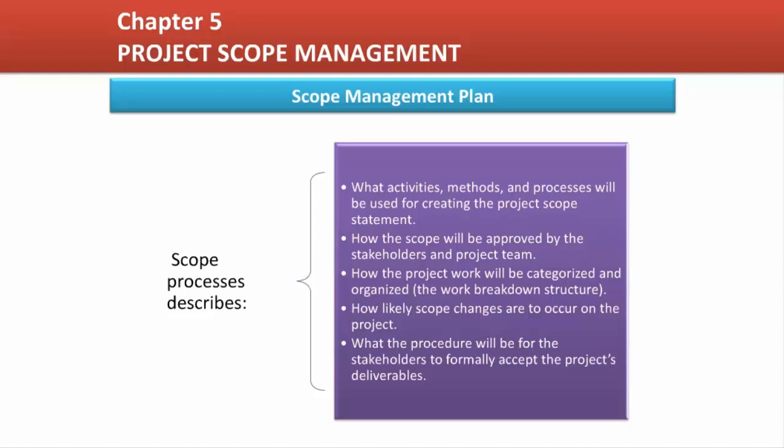The Scope Management Plan is a subsidiary component of the Project Management Plan, created in the Develop Project Management Plan Process 4.2, and it should be established before too much work begins in the scope processes because it describes what activities, methods, and processes will be used for creating the project scope statement, how the scope will be approved by the stakeholders and project team, how the project work will be categorized and organized, the work breakdown structure, how likely scope changes are to occur on the project, what the procedure will be for the stakeholders to formally accept the project deliverables.